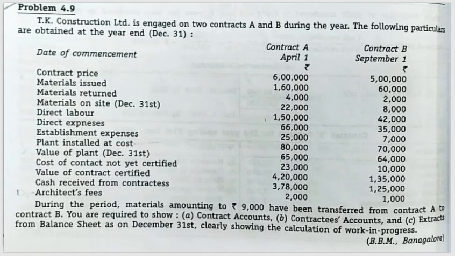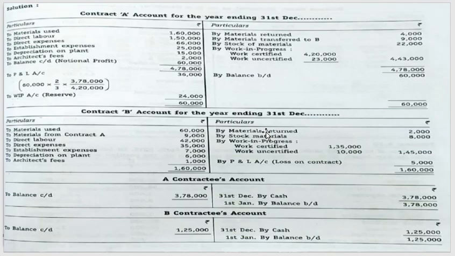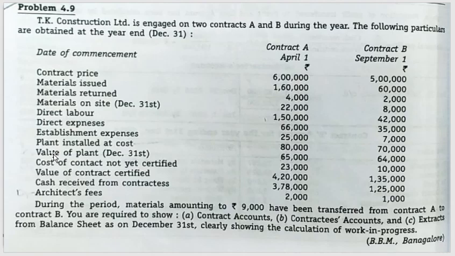Then we have direct labor, which is 42,000, and direct expenses 35,000. Next, establishment charges 7,000.